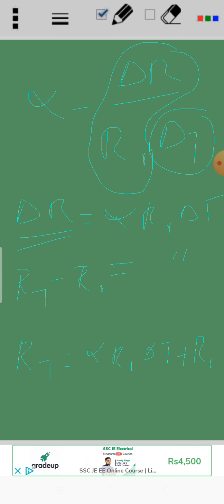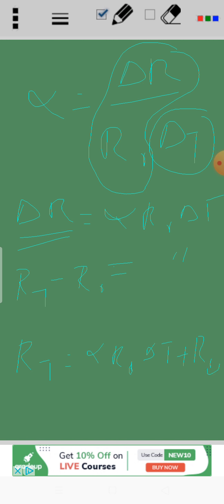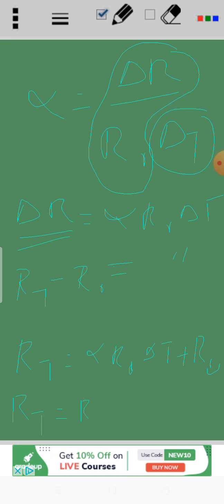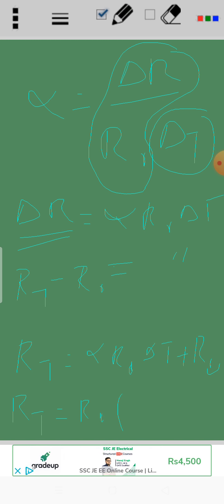Taking R naught as common, R T is equal to R naught into alpha delta T plus 1. Here delta T is the change in temperature.